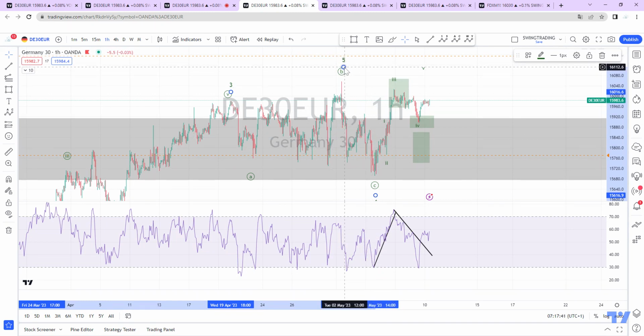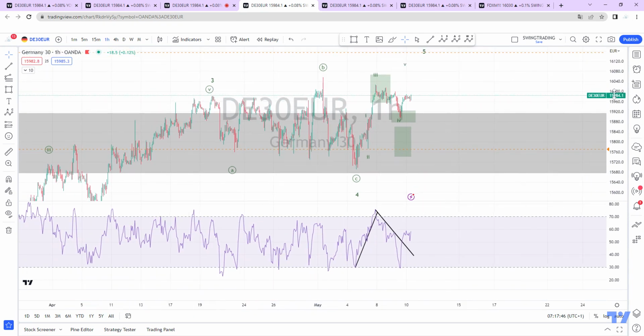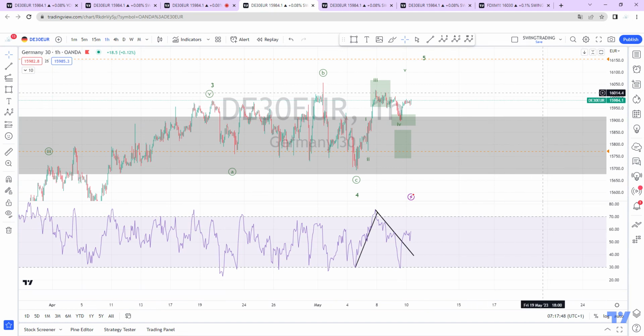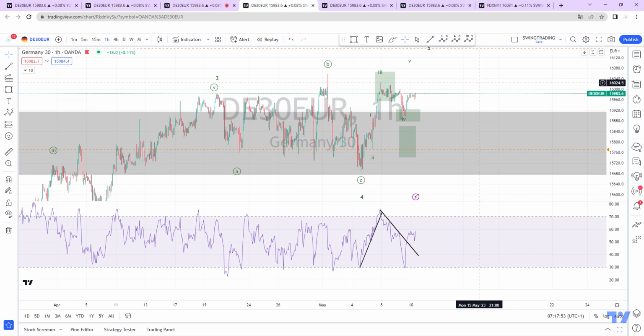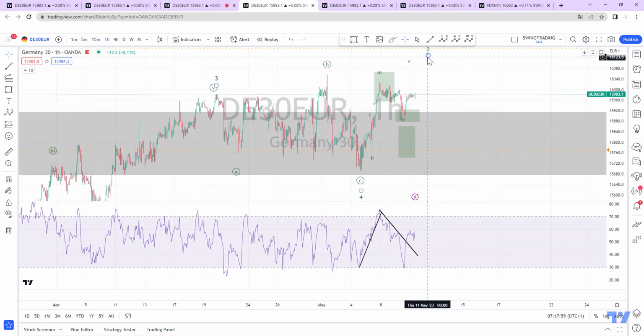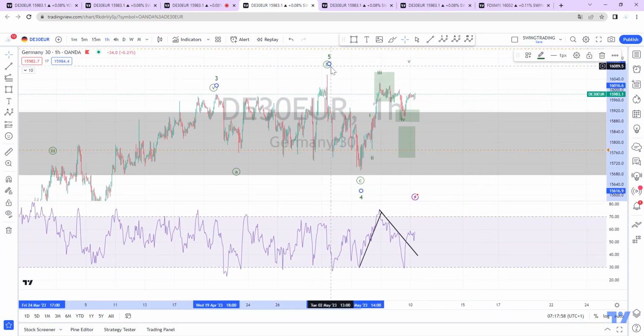So for now, I will assume that we further go up in the lower time frame, but as I said, we cannot rule out that the high is in, and we also have inflation data today. So in the case of a bad number, we might go down here in a wave 3. But this is not my, let's say, primary scenario.